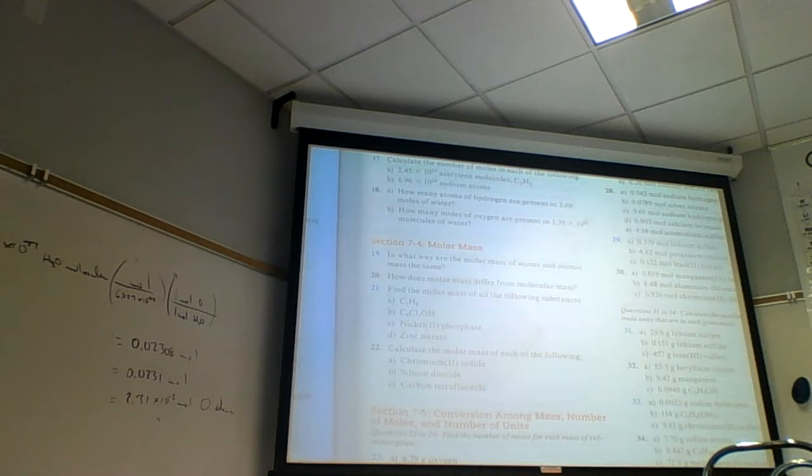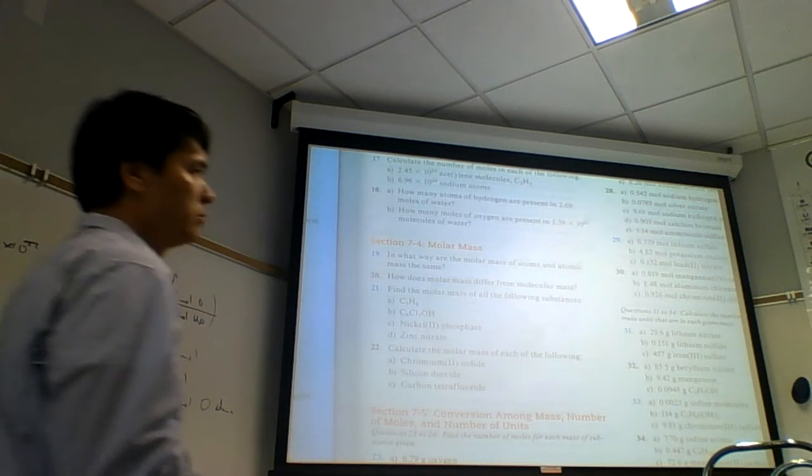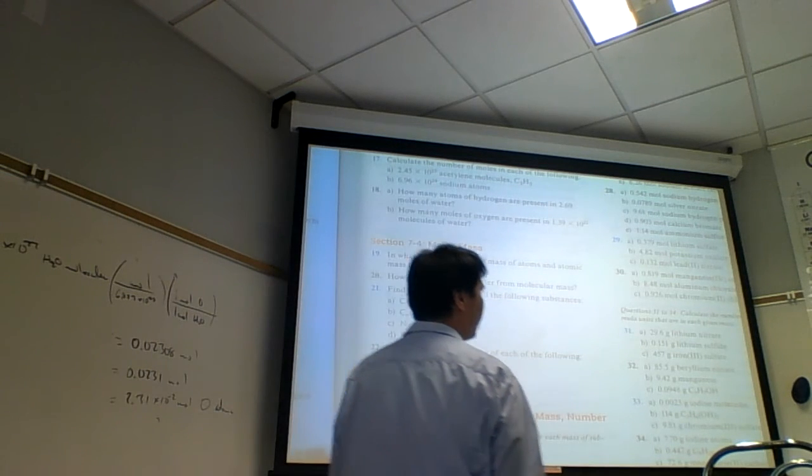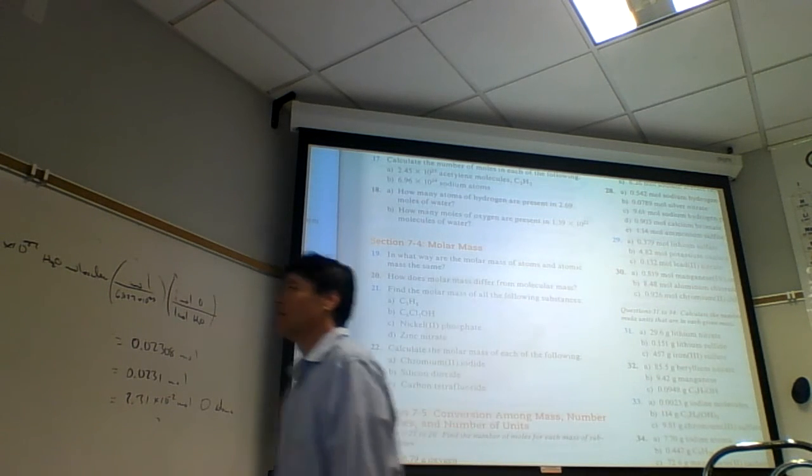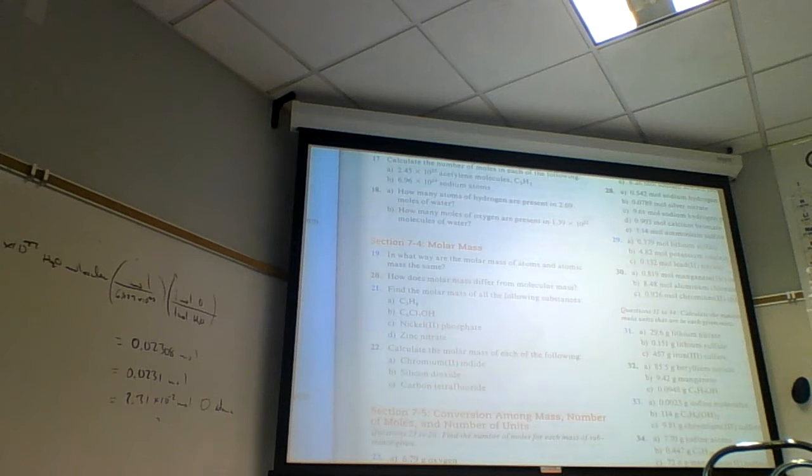And so 1 chromium, oftentimes we don't write the units for this. Chromium is 51.996, so we're going to just go with 52.00. We don't write the units here because they're double units: 52.00 U per atom, or 52.00 grams per mole of atoms. And then 2 iodines. Iodine is what?